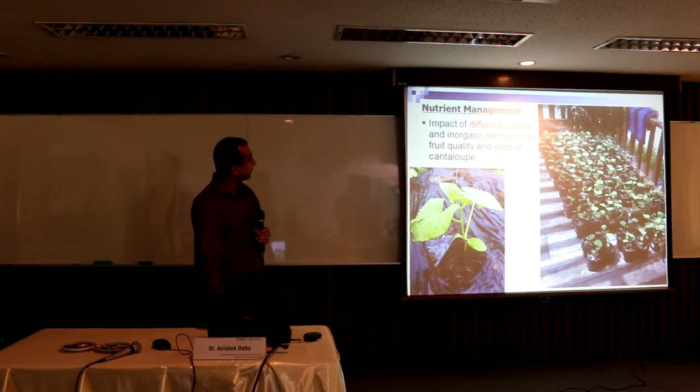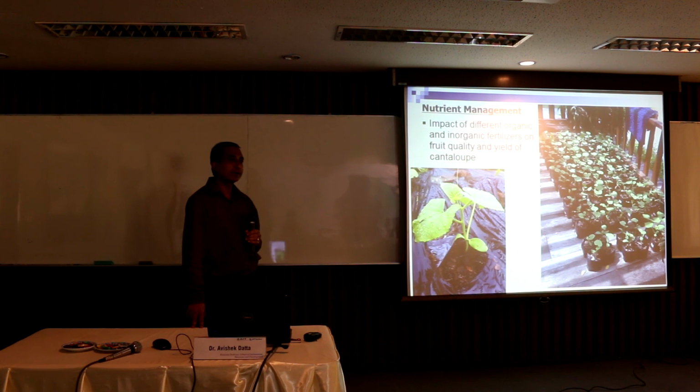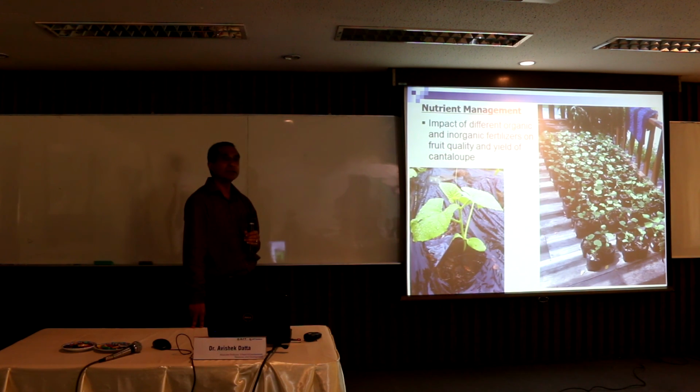Nutrient management is also a very important issue in agricultural crop production, because here also we are saying reduce your fertilizer rate, but if we reduce the fertilizer rate, the yield also goes down. So we are trying to see, if we reduce the fertilizer rate, how much organic matter we need to add so that we can have a similar yield.